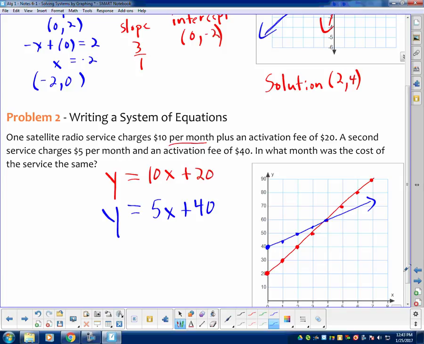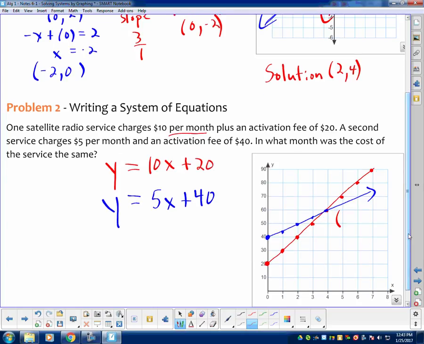How come I'm stopping right there? Because the lines already cross. So what is my solution? What's the coordinate of my solution? I'm over 4, and I'm up 60.